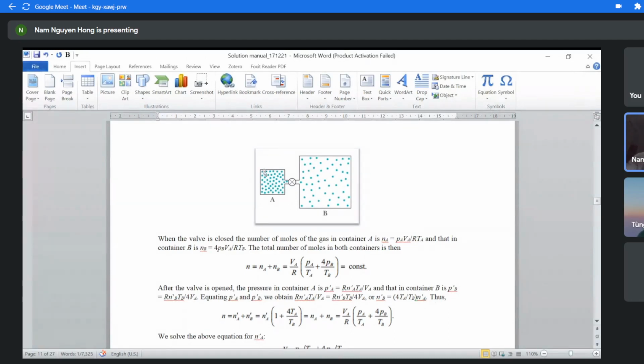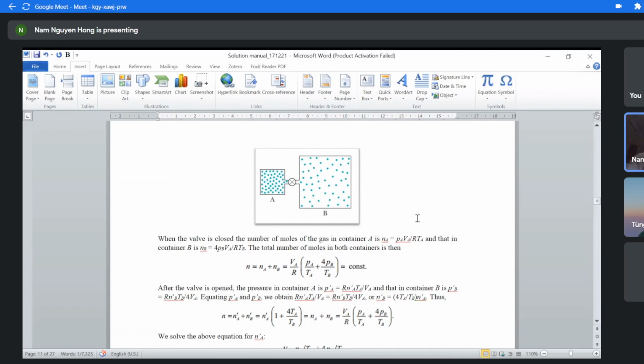Container A has a temperature. Container B has a different temperature. What we know also is the pressure before opening the valve of containers A and B. And the total number of moles of the gas remains constant before and after the valve is opened.